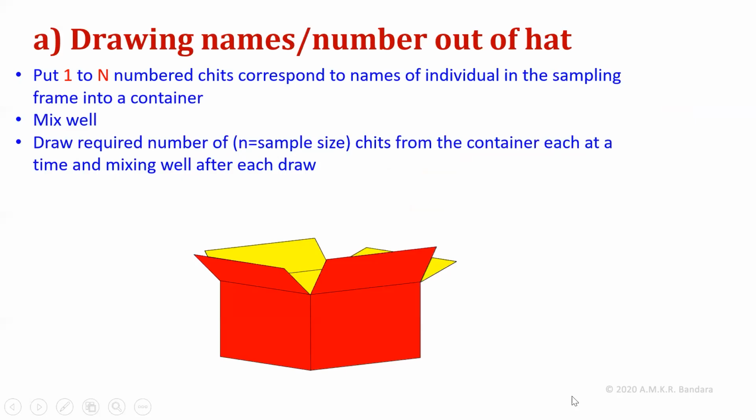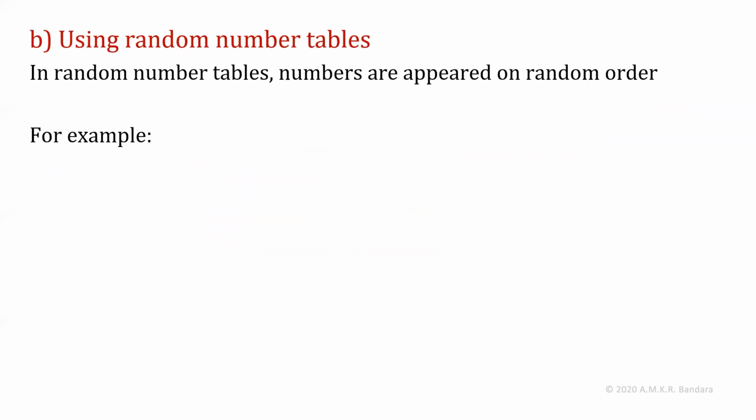As I explained, you can write numbers 1 to N. N is the maximum number in your population, on chits, separate chits and put those into this container, then mix well, then draw one by one chits and select those into the sample.